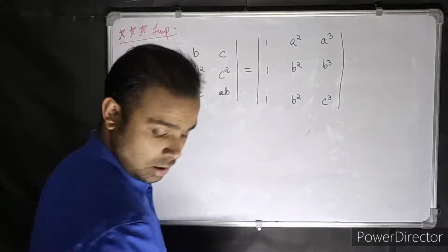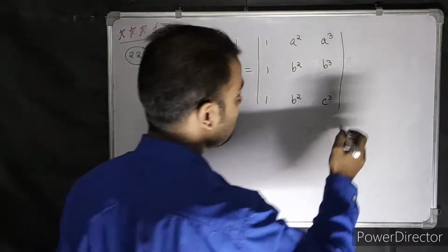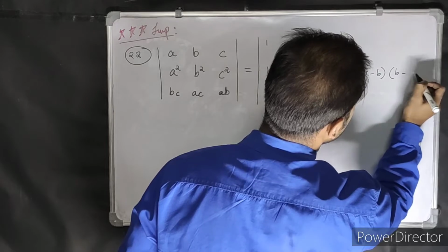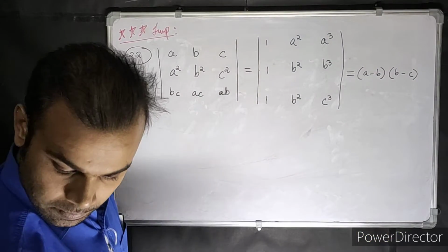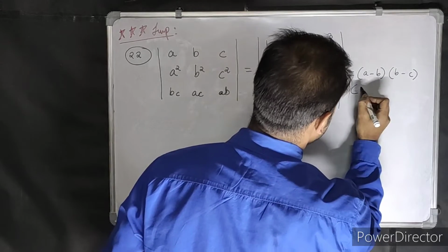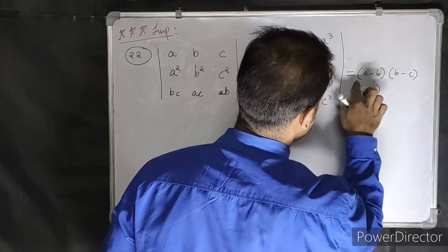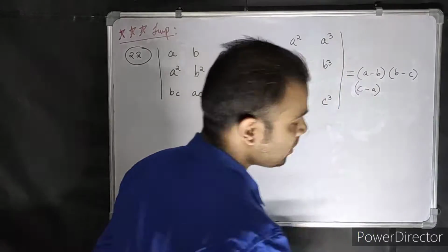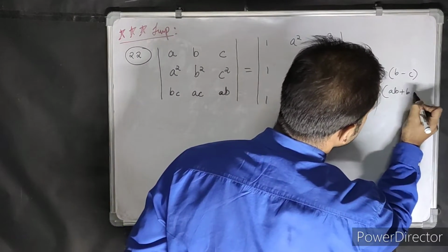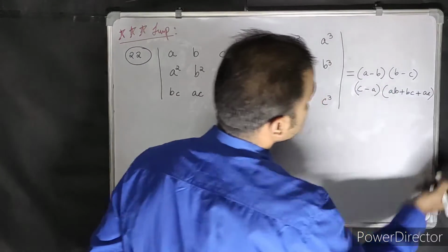Yes, that's correct. Which is also equal to (A minus B)(B minus C)(C minus A), that's a bracket actually, times (AB plus BC plus AC).